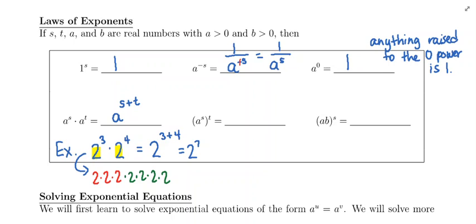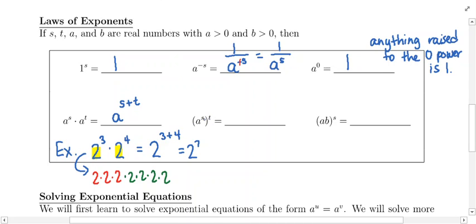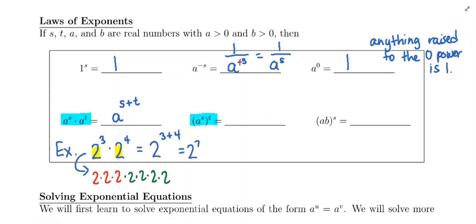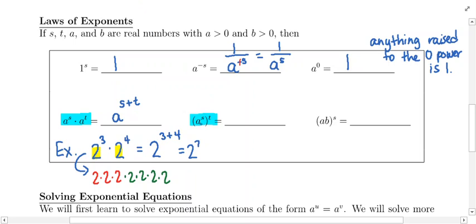All right, like I said, the next rule is very similar. So make sure you know the difference between these 2 rules. They are going to be very helpful with exponential equations. The difference with this law right here is when you have a to the s, that quantity, raised to the t power.